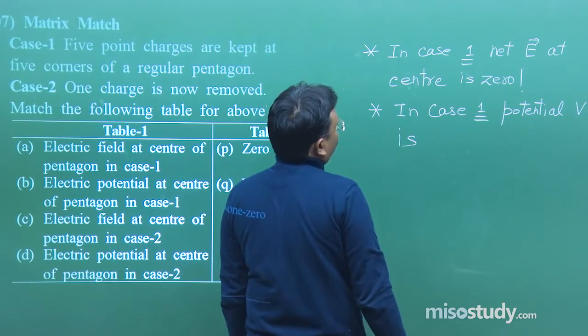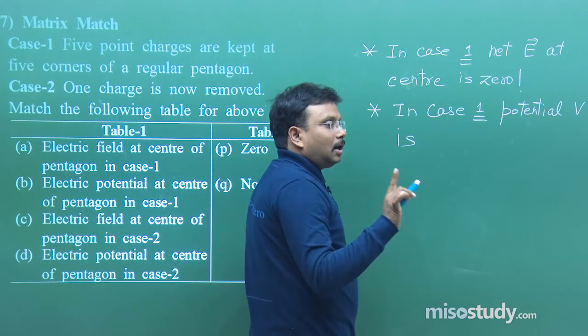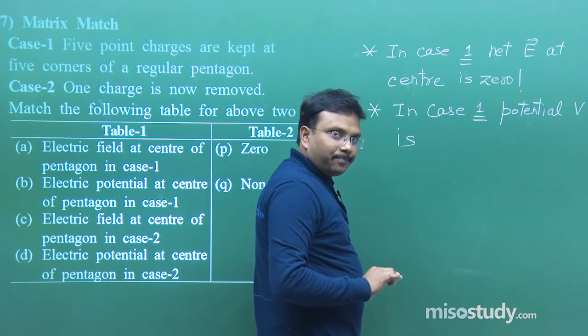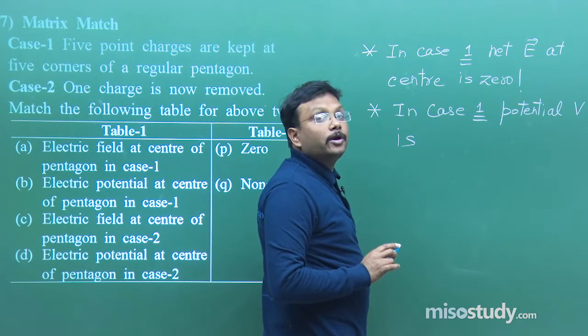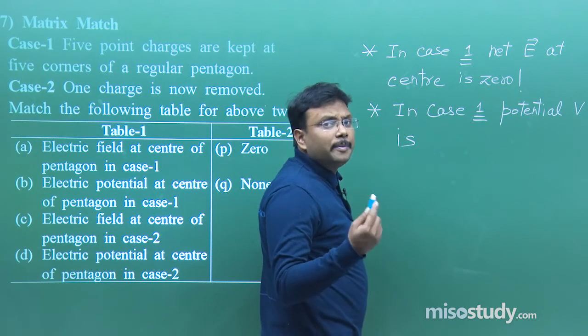In case 1, potential V is, well, a scalar quantity, and the addition of potentials follows the algebraic law.